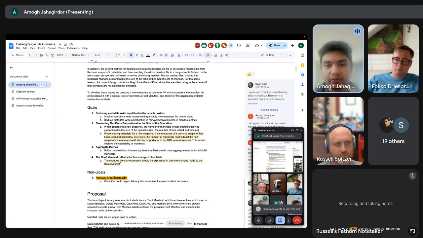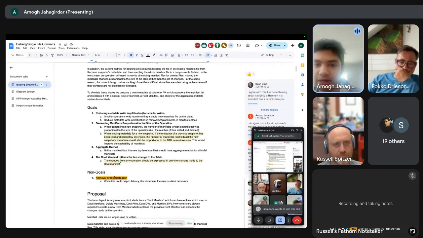Another aspect we're looking at improving is the ability to generate metadata proportional to the size of the operation. Today, when we remove a set of files from a manifest, we have to rewrite those manifests, which produces more manifests and higher metadata write amplification than really necessary.